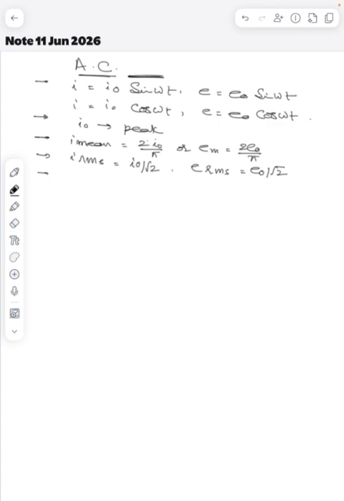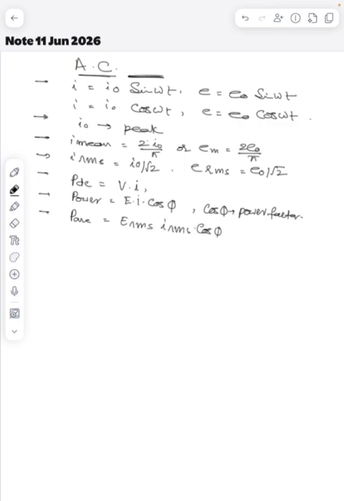Average power, in general, P DC equal to voltage into current, but in AC, power equal to EMF into current into cos phi, where cos phi is the power factor, or P average equal to E RMS into I RMS into cos phi.